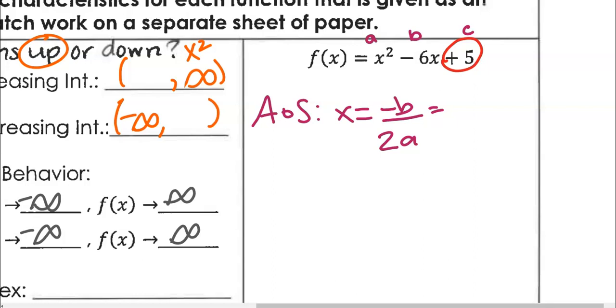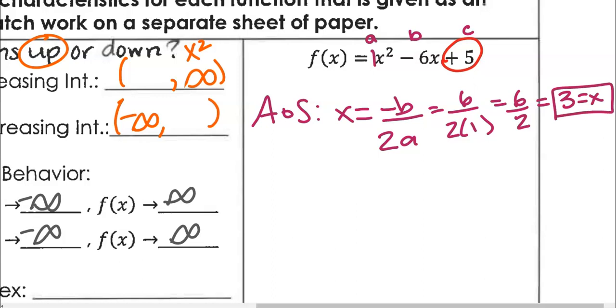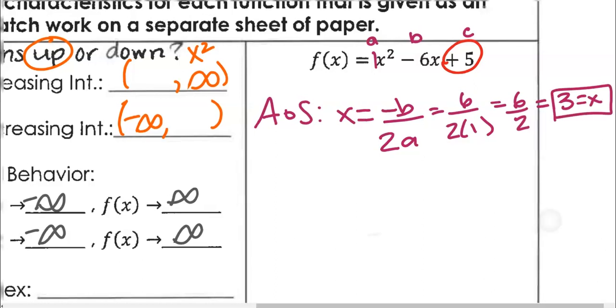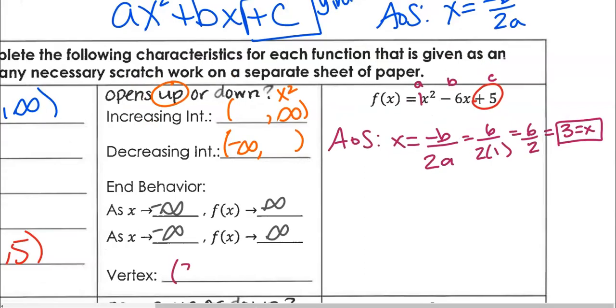So what's opposite of that? +6. And then 2 times, what's my A value? It's a +1, yes. So that becomes 6/2, which is, what's 6 divided by 2? 3. So 3 is my x. That's the line cutting it in half. It's also the first part of my vertex.